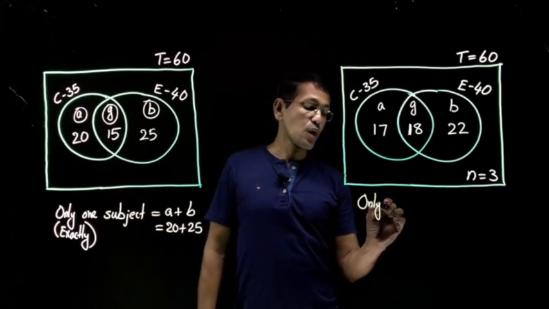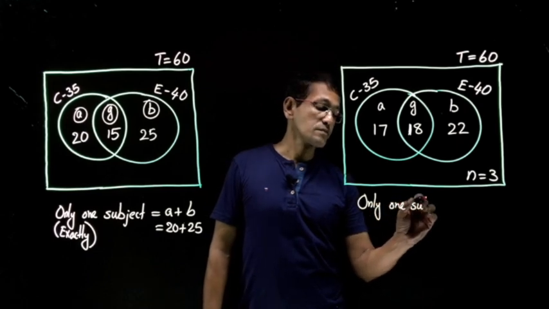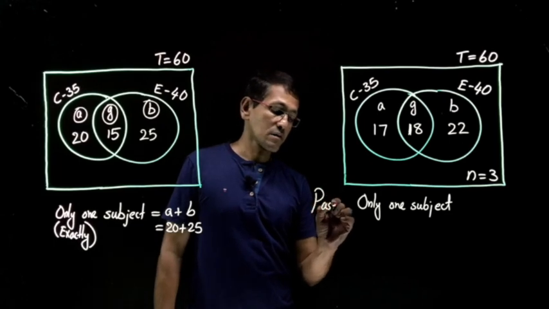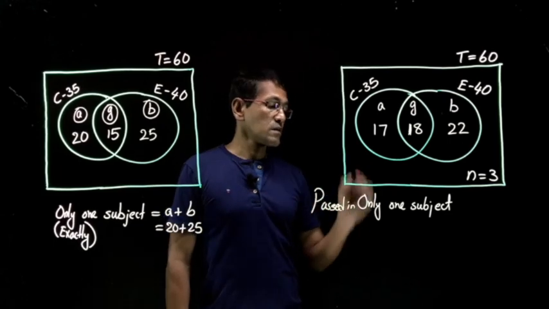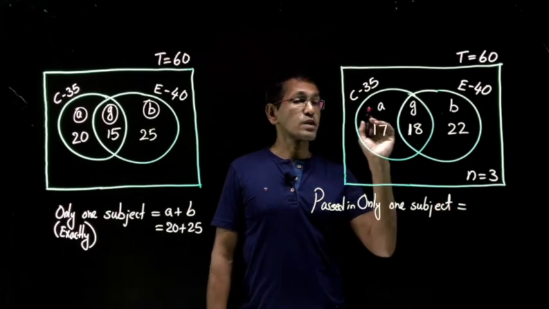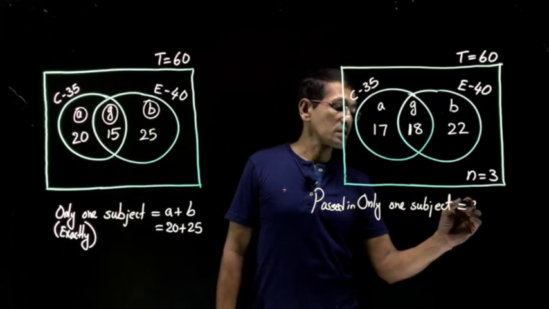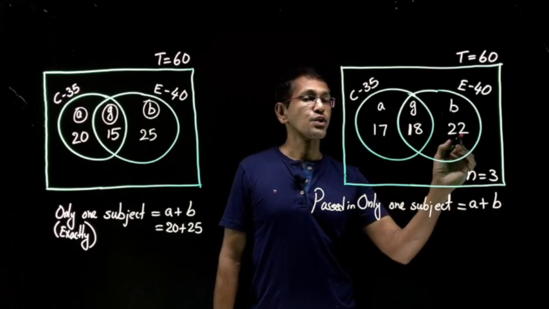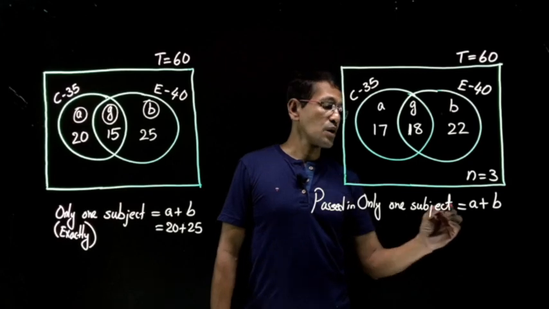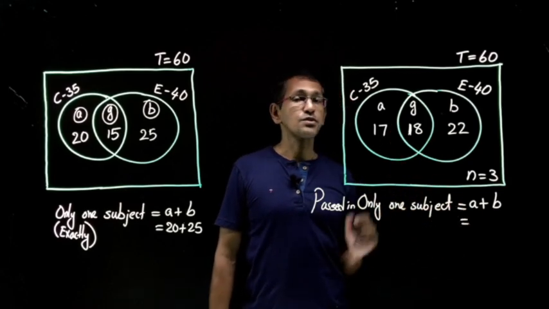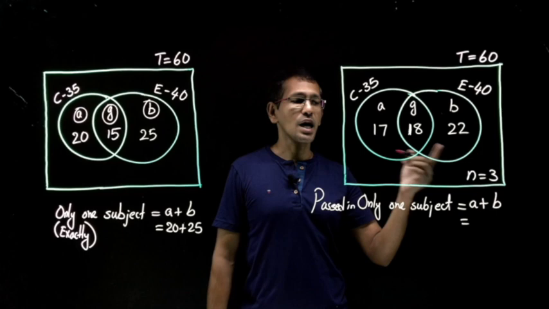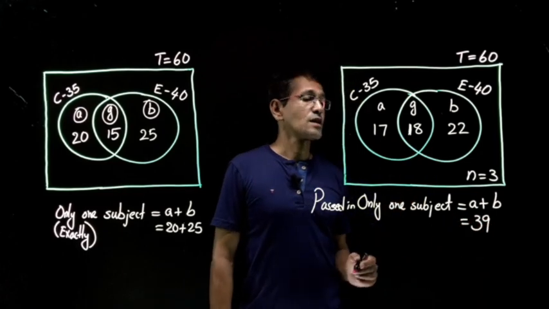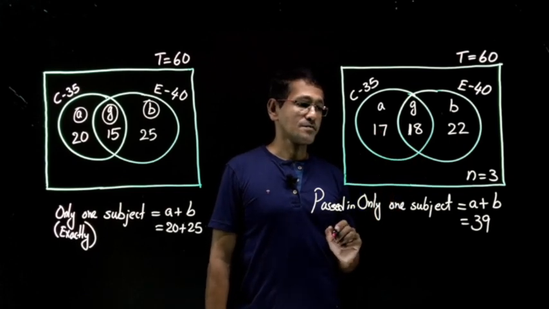Only one subject is A plus B, 17 plus 22. 22 plus 7, 29, plus 10, 39. So 39 students passed in exactly one subject.